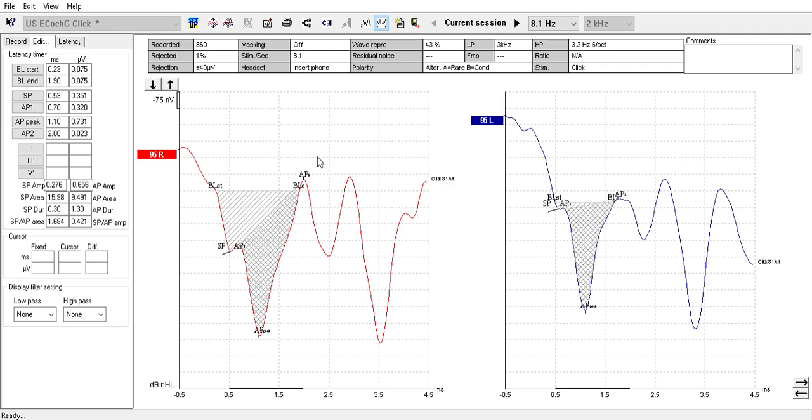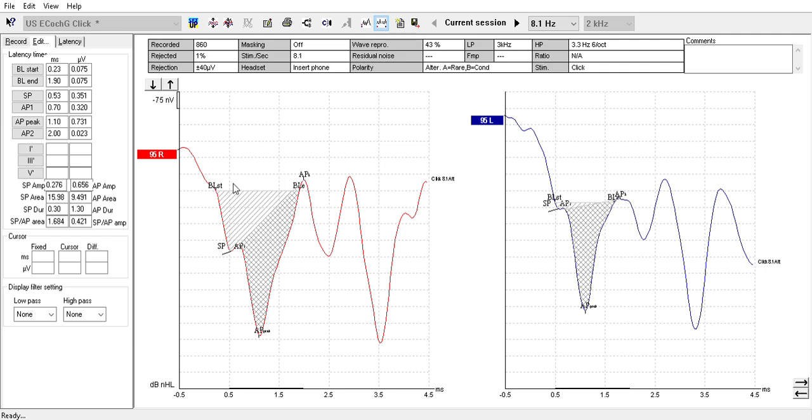So what do all these mean when we're making calculations? When we're looking at an ECoG, there's really two things that we're going to analyze. The most common thing is going to be your SP-AP amplitude ratio. Your SP-AP amplitude ratio is really the ratio of how tall the SP is compared to how tall the AP is. And that's relative to baseline.